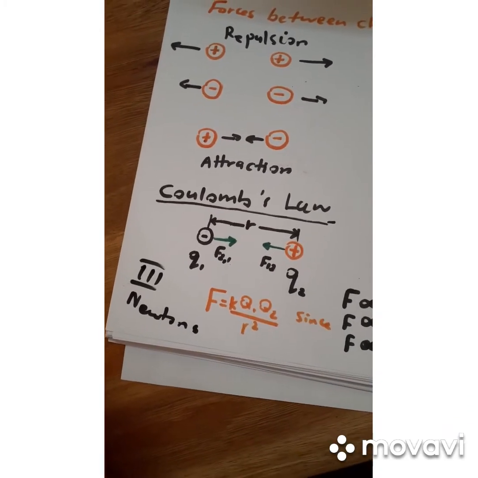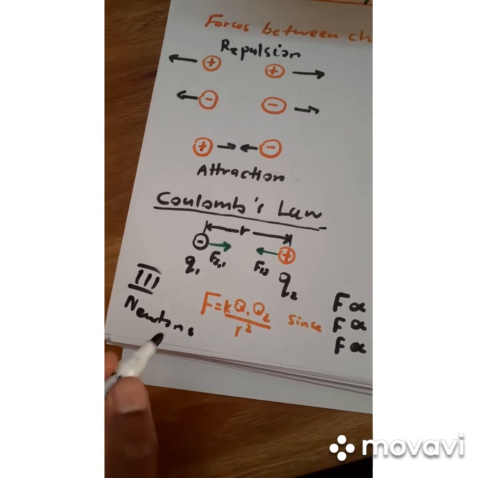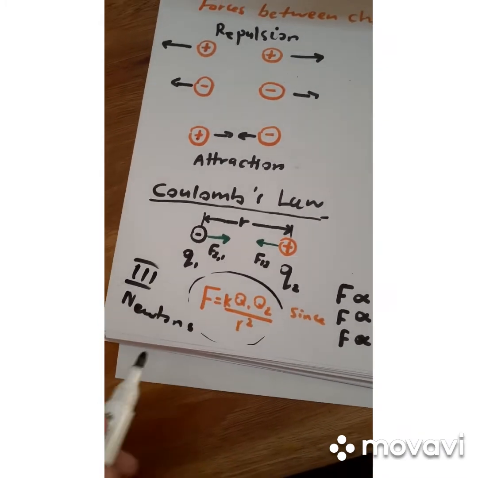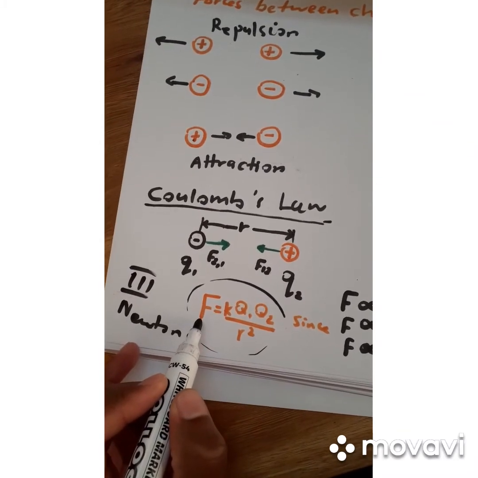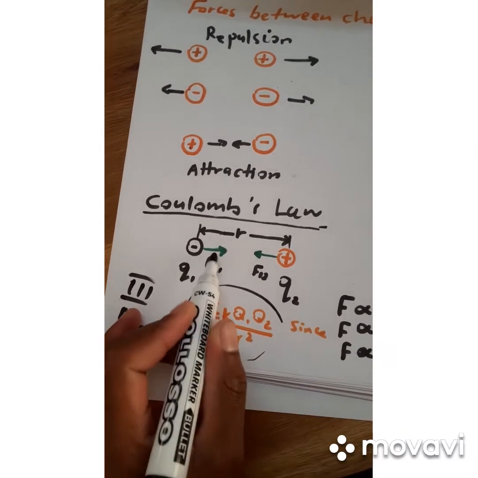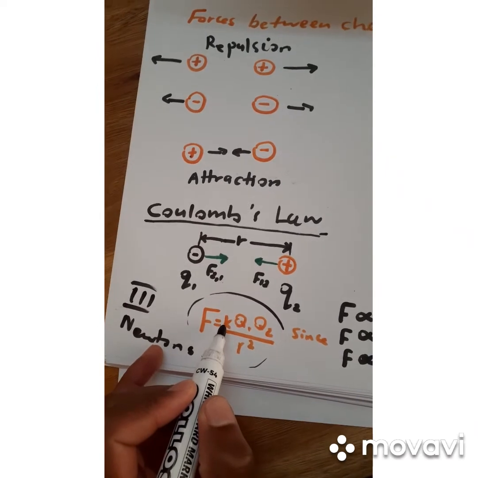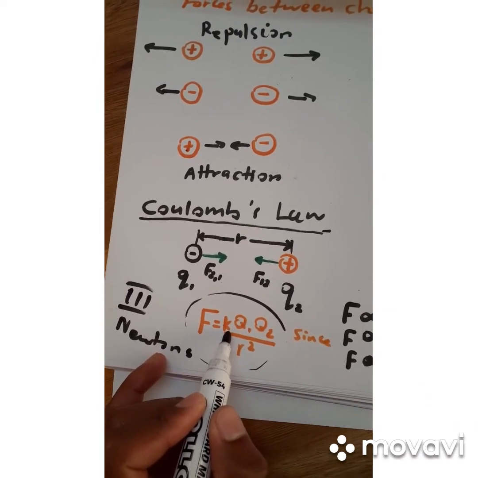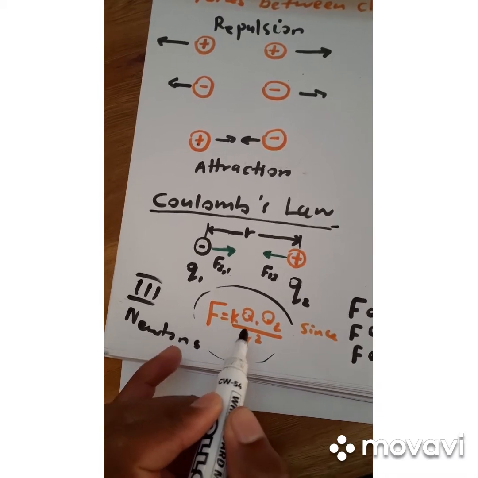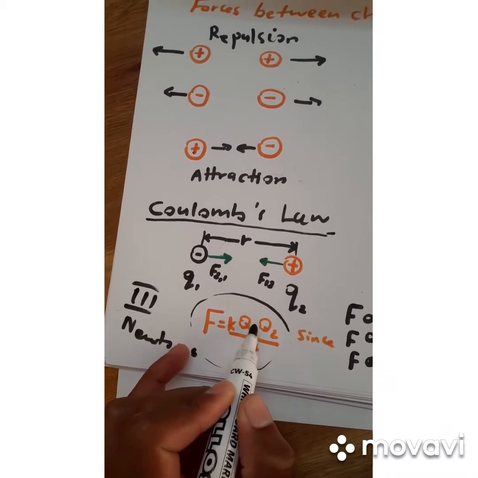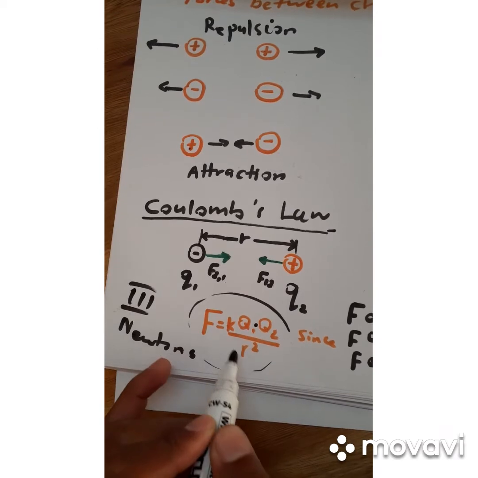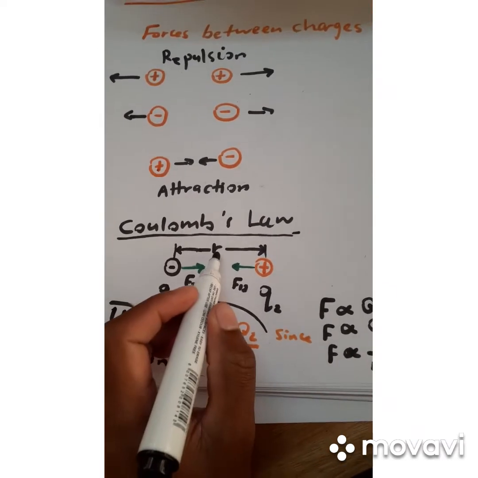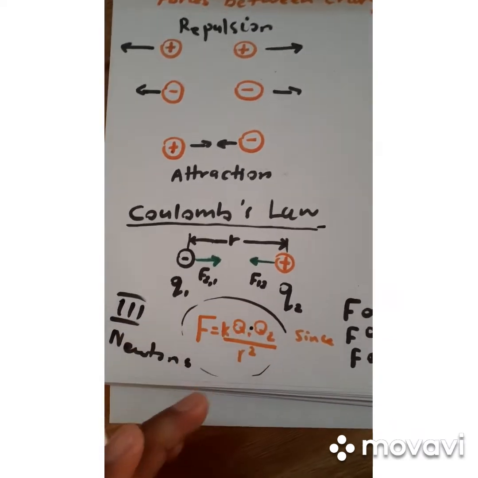Then now, okay, we say, in short, mathematically now we can say the force of attraction between two charges is equal to K, and this K is a constant. It's called the Coulomb's constant. And then now charge 1 multiplied by charge 2 divided by R squared. Now this R is the distance between the two charges.